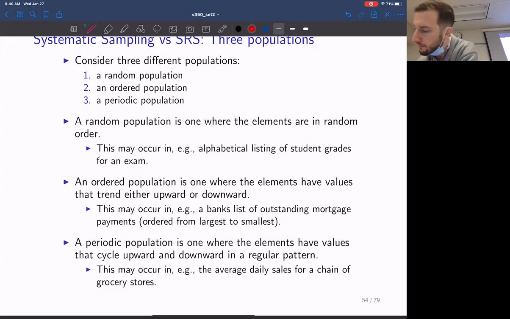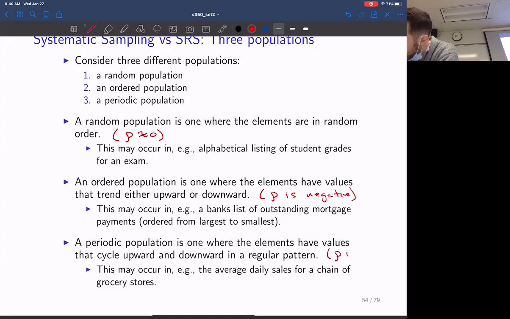For clarity here, we have rho is approximately 0. Here we have rho is negative. And here we have rho is positive.